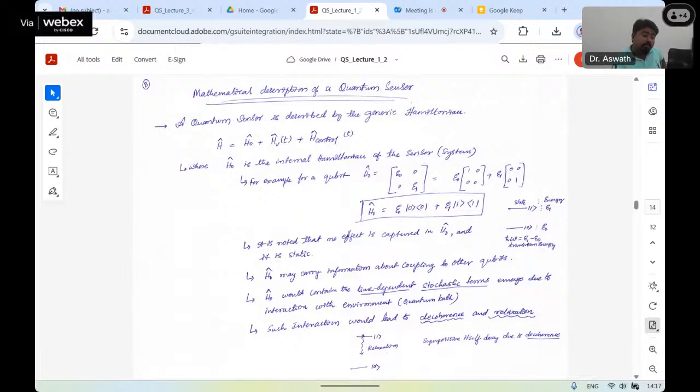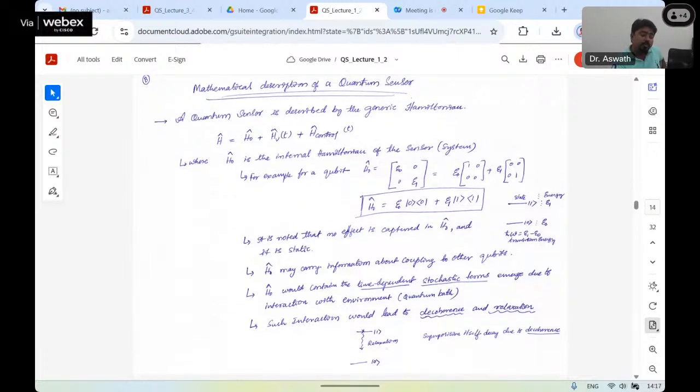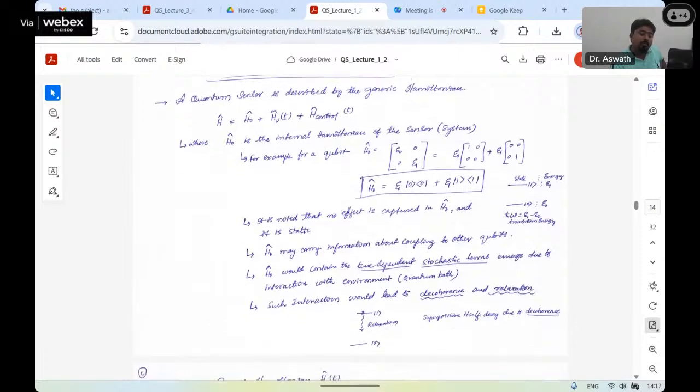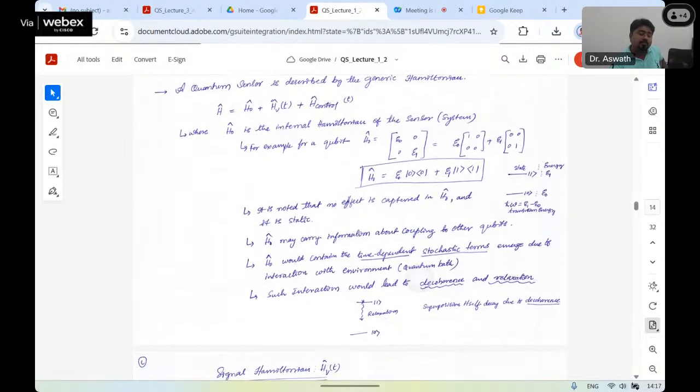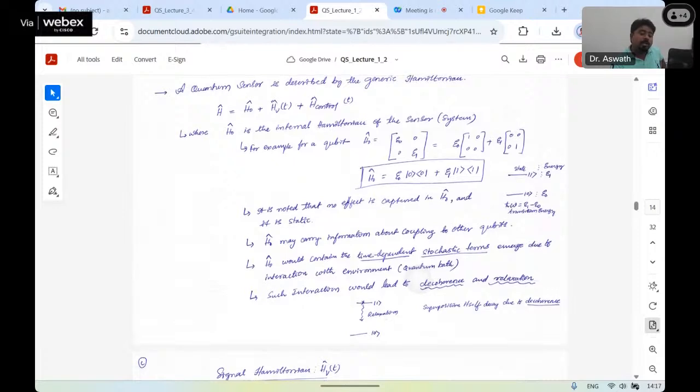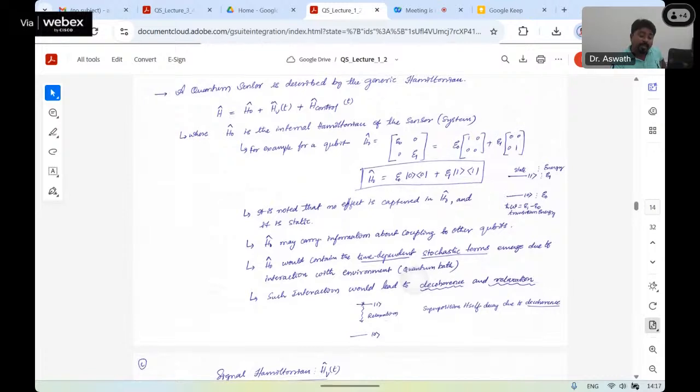For the time being, you can say the system is not exposed to an environment, so it will have H0 as its Hamiltonian. If it is exposed to the environment, in that case, I will have an interaction Hamiltonian. Here I am calling it HV. And I want to control the sensor so that it interacts controllably with the environment, not uncontrollably.